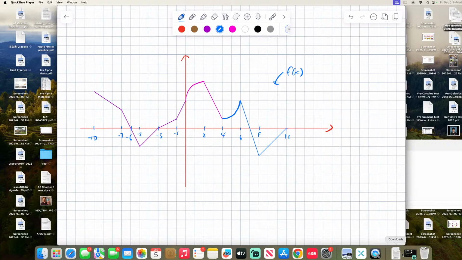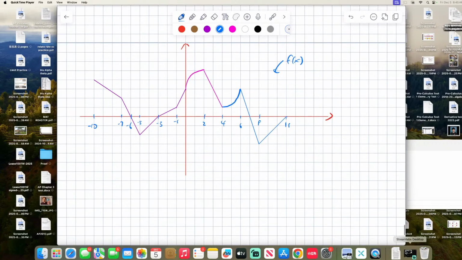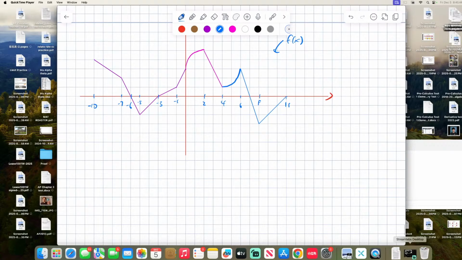I'm gonna ask you a lot of questions. I'm gonna ask this question a lot. So A, what's the integration from -10 to -7 of f of x dx? A lot of times the AP exam just gives you an image and says, can you tell me the integral? That just means you're looking for the areas. That's it.